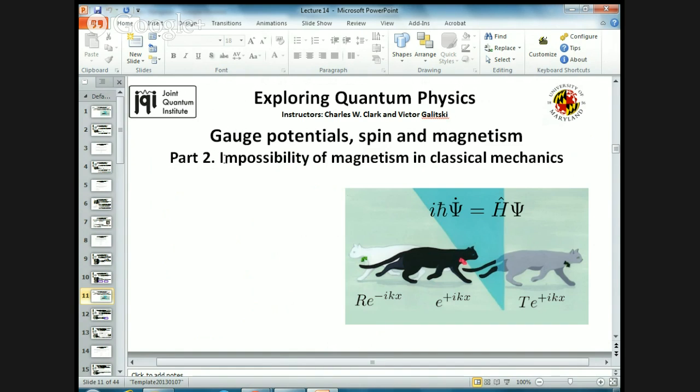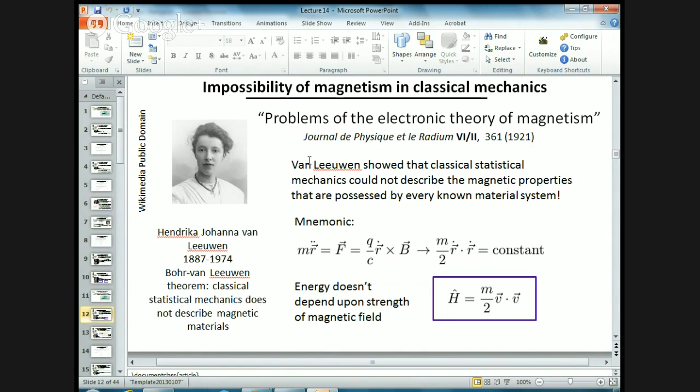This begins with the discussion of magnetism in classical mechanics, and it starts with this amazing theorem that was proven. Actually, it was first proven in Niels Bohr's thesis, but apparently nobody could understand it.